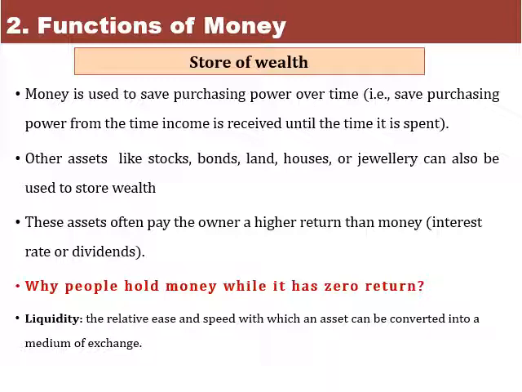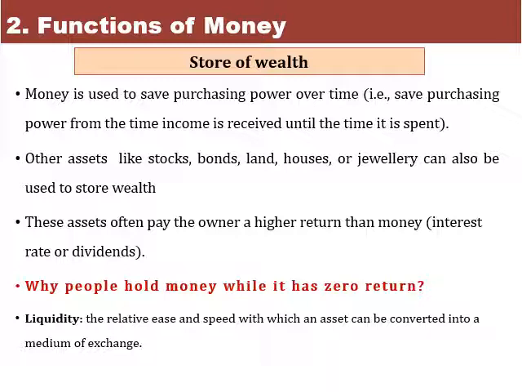However, we save part of our incomes until we spend it later. So this means that we need money to keep the purchasing power from the time we receive our incomes to the time we spend this income.